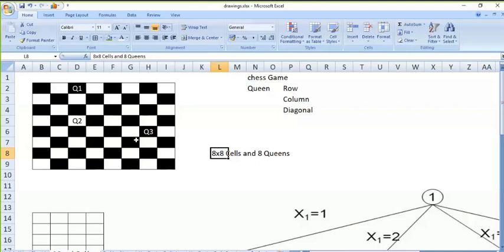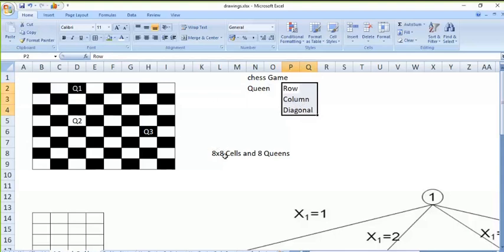In this particular case, the bounding functions are three. Any two queens should not be placed in the same row, any two queens should not be placed in the same column, and any two queens should not be placed on the same diagonal. We have to adhere to our bounding functions and find the solutions for this N queens problem.